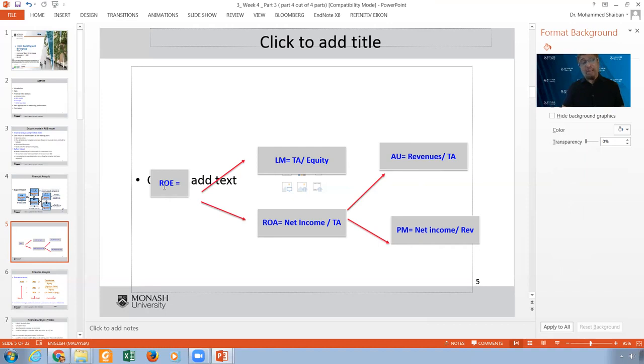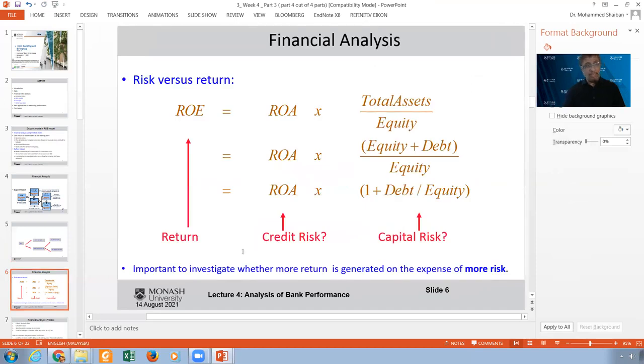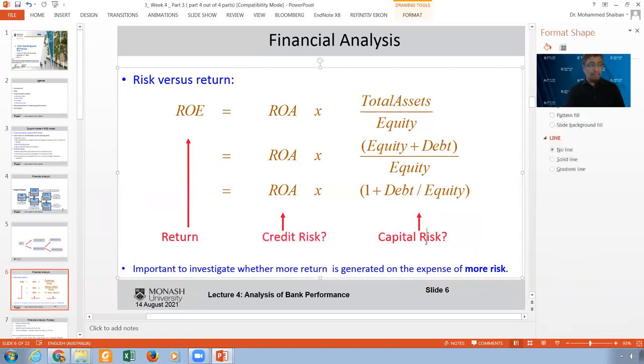Maybe everything is just fine, but I have to ask the questions to understand why, especially when there is a certain hike or jump in the asset. So as you can see, the ROE reflects the return, which is actually a function of the credit risk and capital risk, and also operational risk.